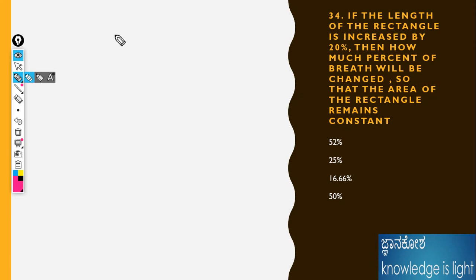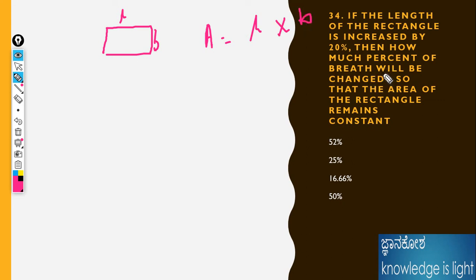I already told, what is the area of the rectangle? Length into breadth. Therefore, A is equal to length into breadth. Here, the length is increased by 20%, and the breadth will change so that the area of the rectangle remains constant. This is the main point we need to remember.